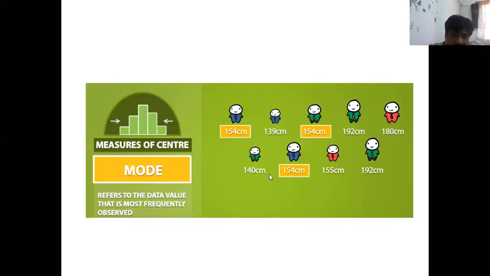Okay. As an example, first we'll say what is mode. Mode refers to the data value that is most frequently observed in the data set. Let's say we have this data set with 5 plus 4, 9 data samples, and these values represent height, one of the attributes. If you observe, 154 occurs 3 times as compared to any other value.